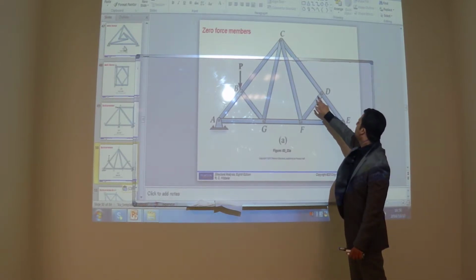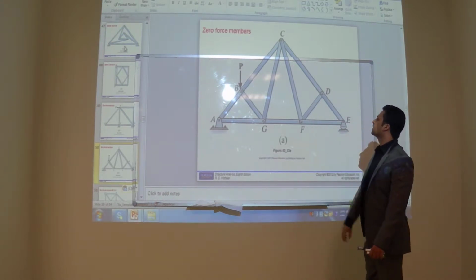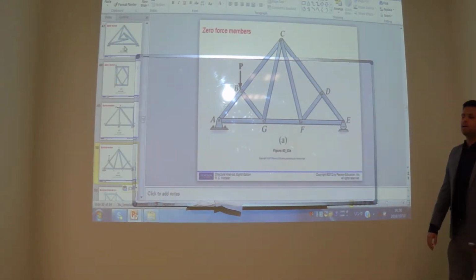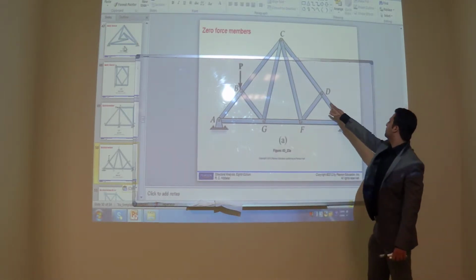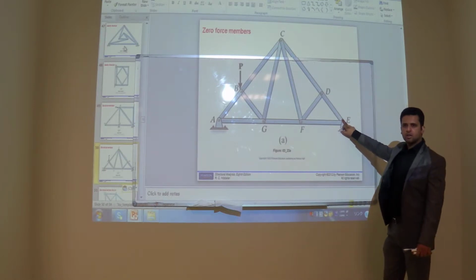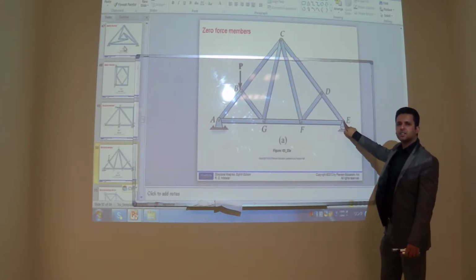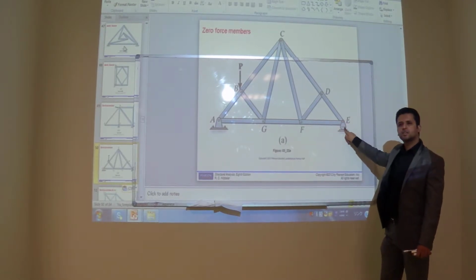No. In this case, you could be having three zero force members. But I think this member DE will not be a zero force member because of this reaction. You know, there is one reaction here.